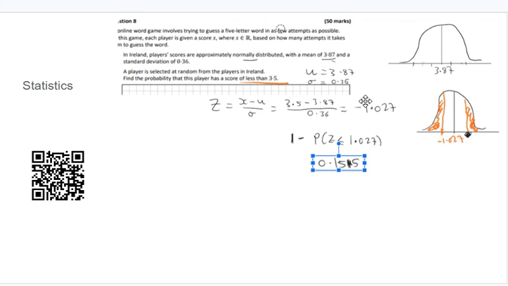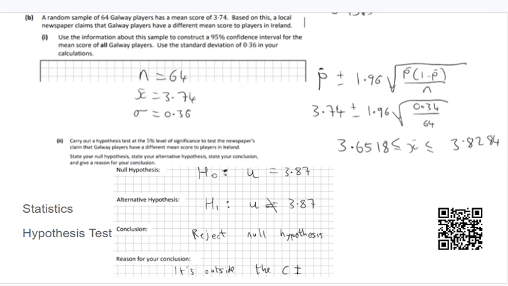That tells us that our z-score is minus 1.027, and then it's working out the probability that a player has a score of less than that. So remember, to work out the probability for a minus z-score, we have to do the positive number and then do 1 minus it. So that's all that is there, and that was part A, I think.